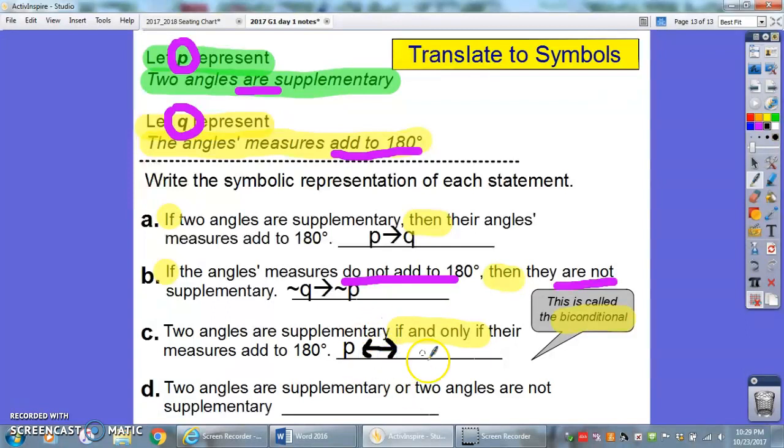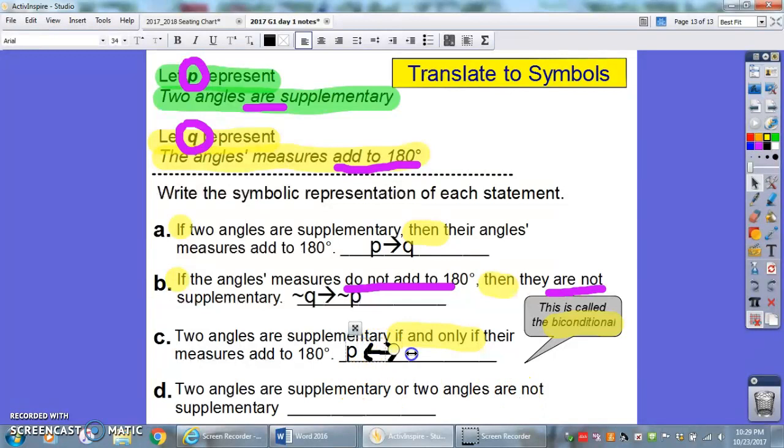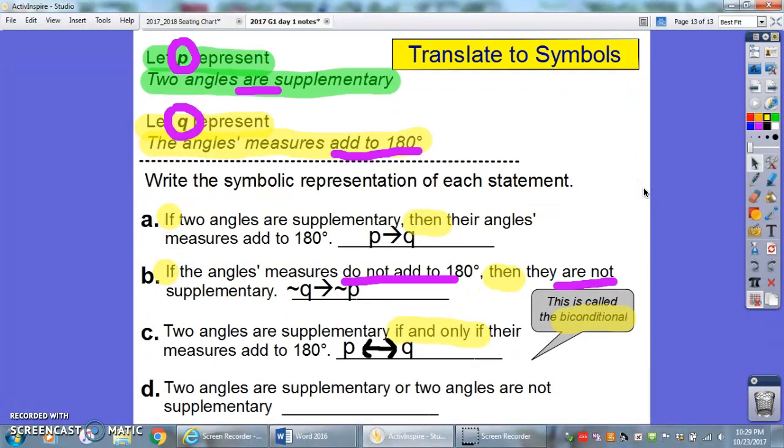If and only if. So that's the symbol for the biconditional. If and only if. Their measures add to 180. So that was the measures add to 180. That's Q. So just put my Q. Here we go. So you would read it P if and only if Q. If you were to translate this.